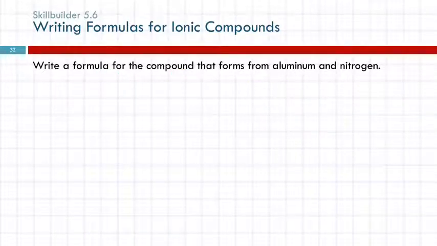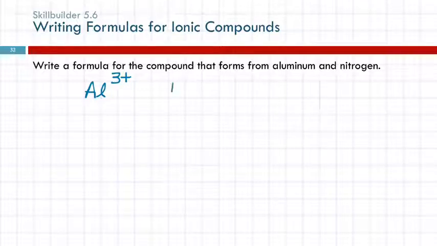So let's write the formula for the compound that forms from aluminum and nitrogen. So aluminum is Al. What charge does an aluminum ion have? 3+, because it's in group 3 in the periodic table, group 3A.